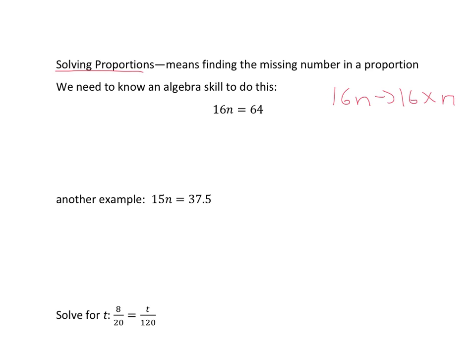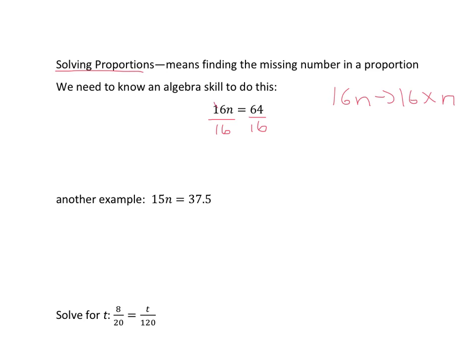Later on, when we start solving equations, we're going to learn about doing opposite operations in order to figure out what a variable is. So this means 16 times n equals 64. And in order to solve for n, we'll divide both sides of the equation by 16. If we divide both sides of the equation, we're keeping both sides equal to each other.